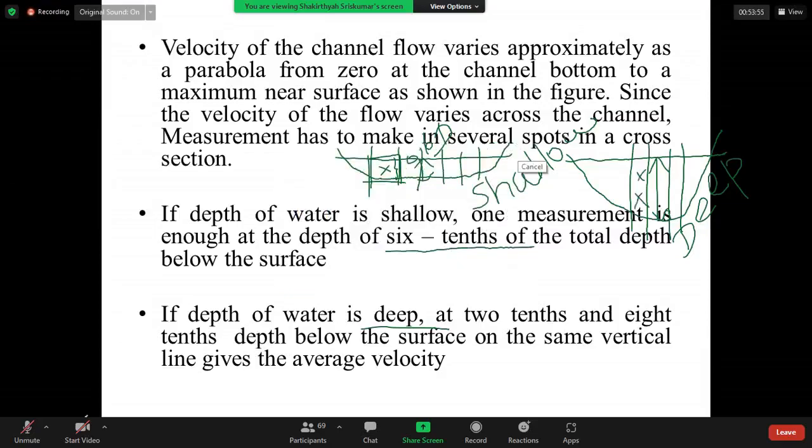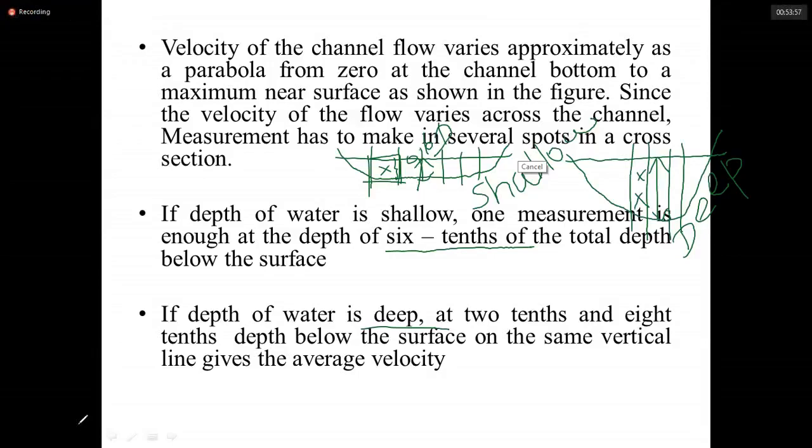So in this case, you don't take the 0.6d depth. At this time, you need to take 0.2d depth from the top and 0.8d depth from the top.